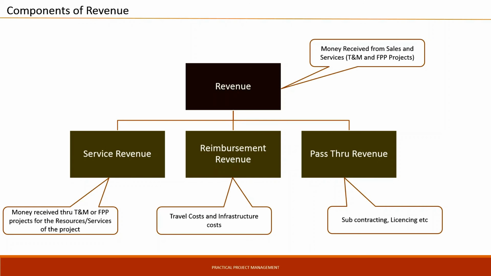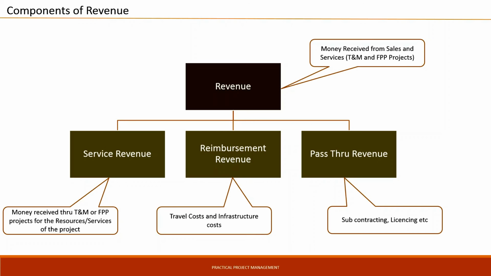In the case of service revenue, it is all the money received through T&M and FPP projects for the resources and the services of the project. In T&M, you are providing resources to the client, and the client gives back money for each resource and the time spent on the project, as per the rate agreed between you and the client.